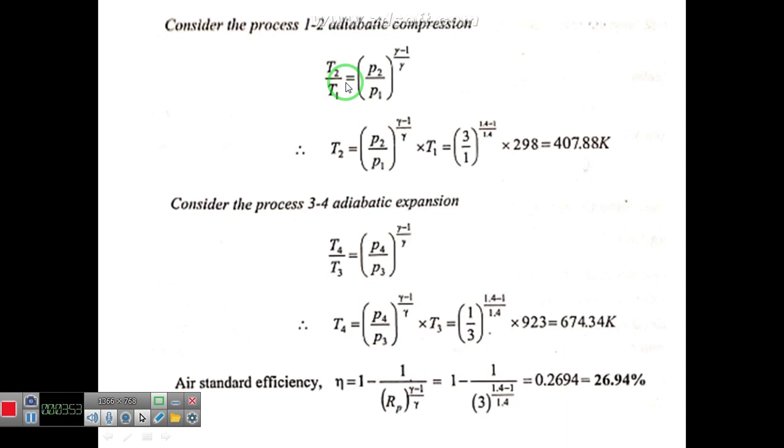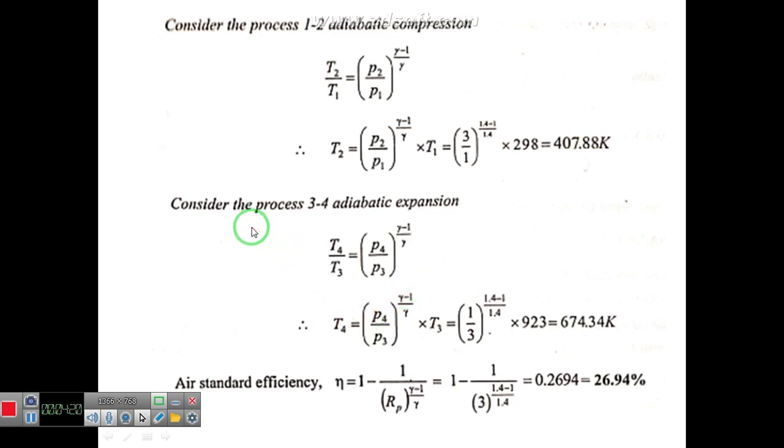Using the pressure and temperature relation, we find the value of T2. We already know P2 and P1, multiplied by the T1 temperature. So finally we get the T2 temperature, 407.88 Kelvin.